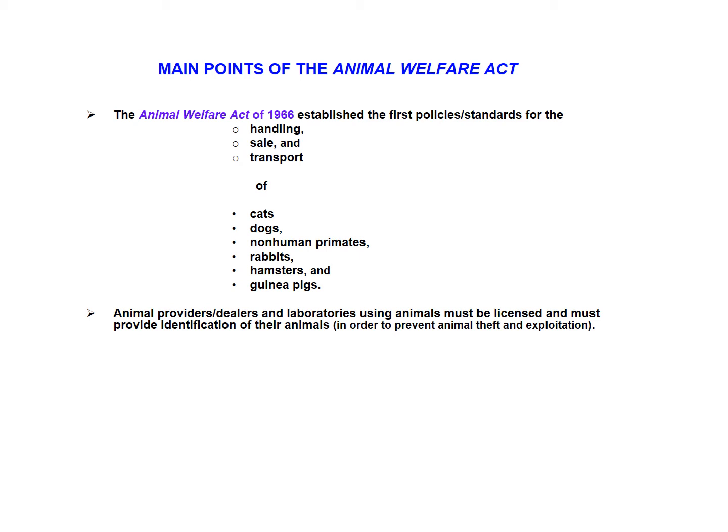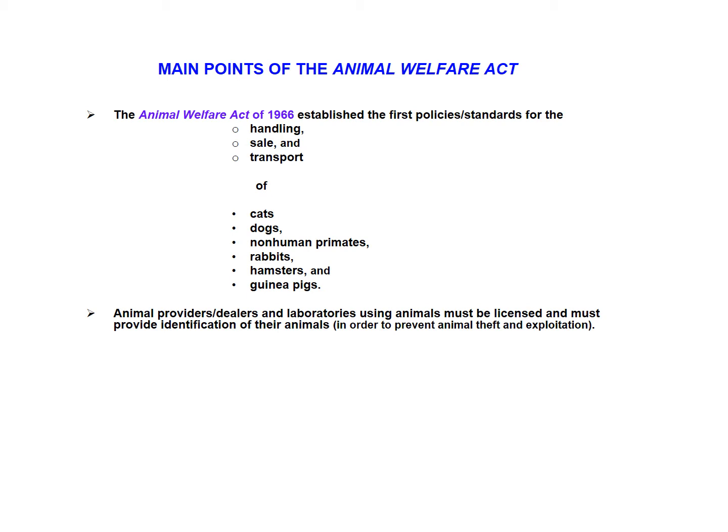Up to that point, there were very sad incidents of pets which were stolen, and people found them in places where research was conducted, or sometimes there were groups of people who went around towns and collected stray cats and dogs and sold them for research purposes.